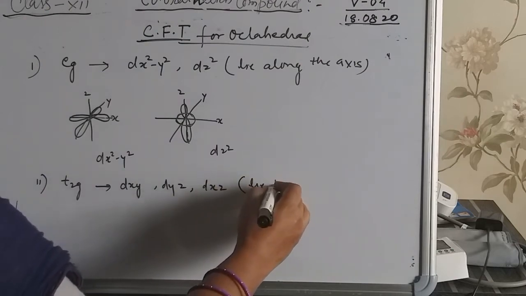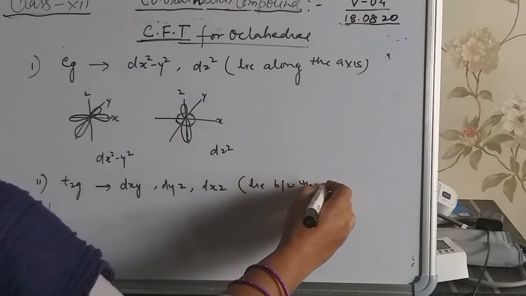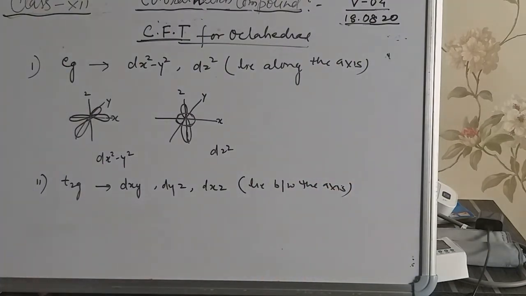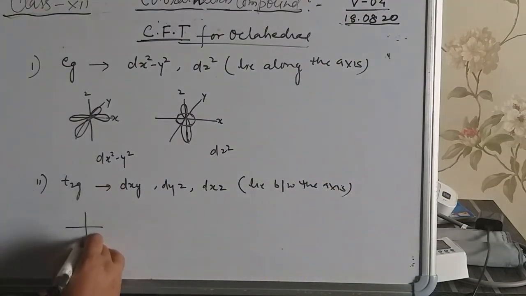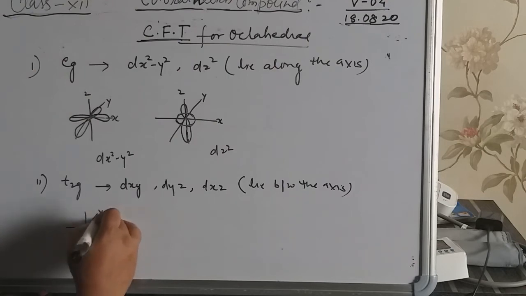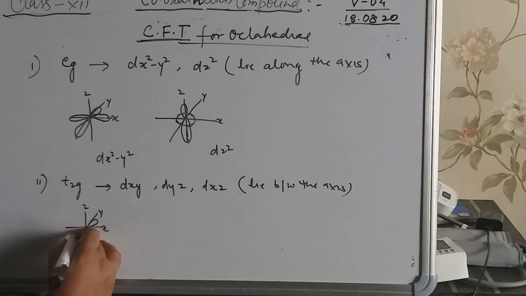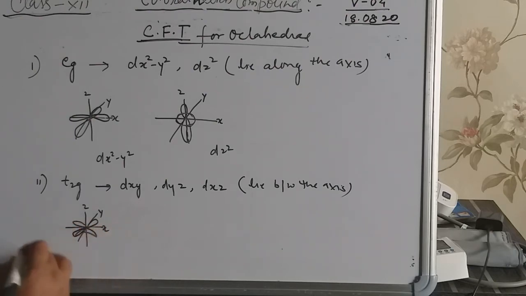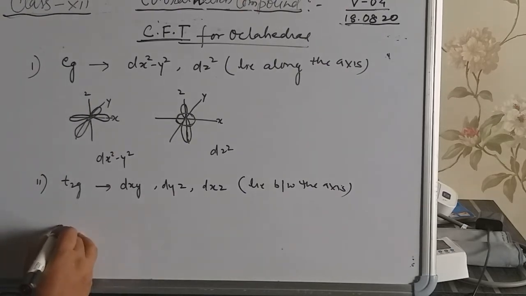They lie between the axes. dxy, x, y and z, like this. It lies between x and y.